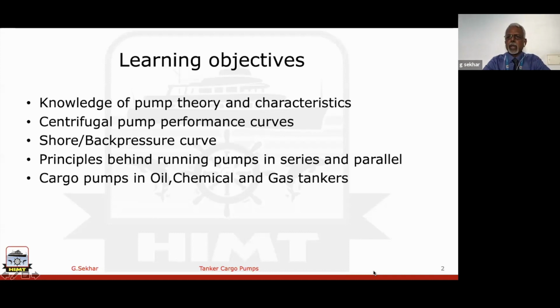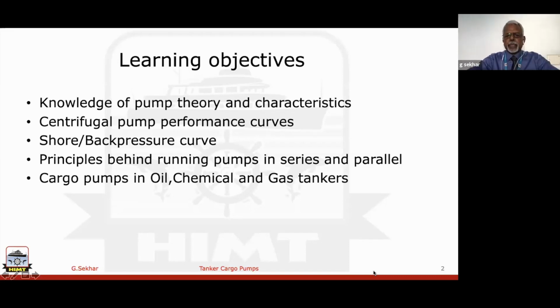But usually when you complete a tank, you find it a little difficult to maintain that pressure. At that time, instead of 1 COP, we run 2 COPs. That means we run pumps in parallel, sometimes 2 pumps, sometimes 3 pumps. So we need to have an idea about how to run pumps in parallel, and that also we will touch on here.